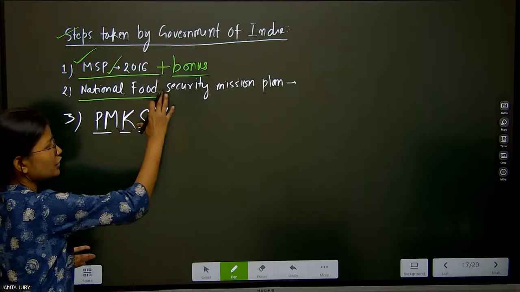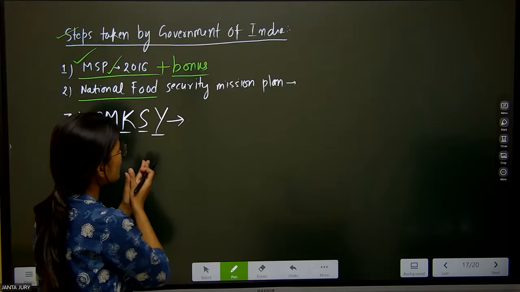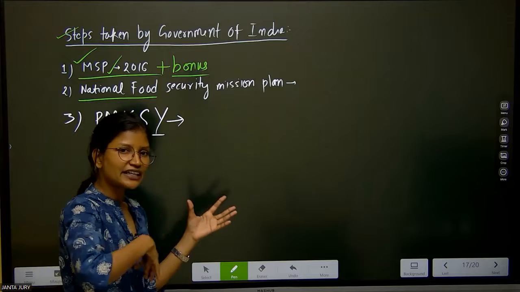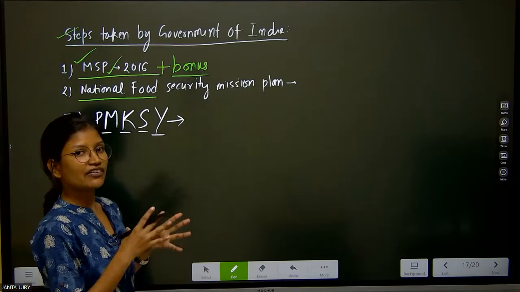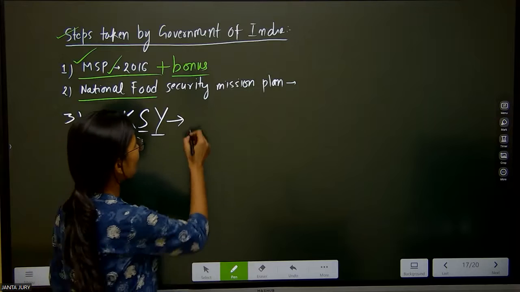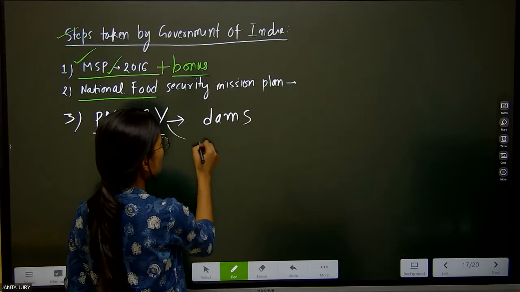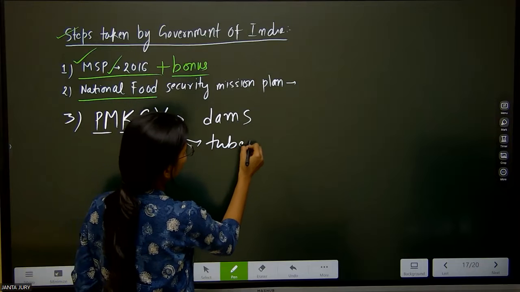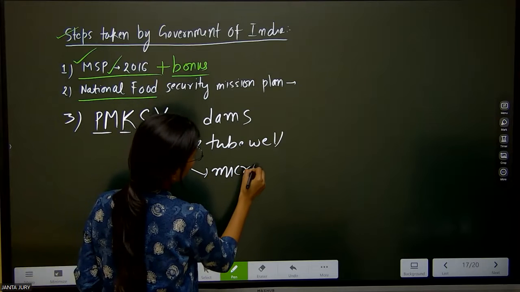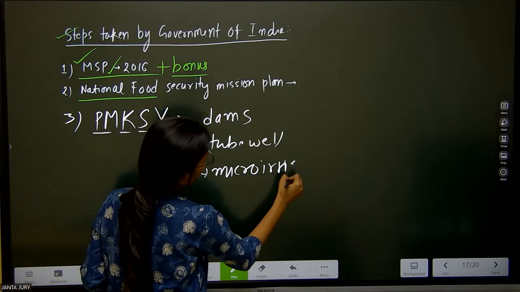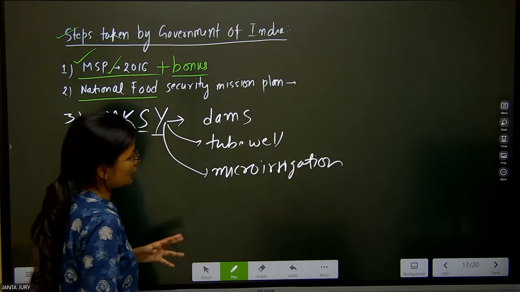Under this scheme, the government has formulated a policy in which they are going to provide irrigation infrastructure and facilities in all those farming areas where irrigation facility is not available, by constructing infrastructure like dams, by providing a tube well network, and also by giving micro irrigation facility. So all these things we can include in our answer.